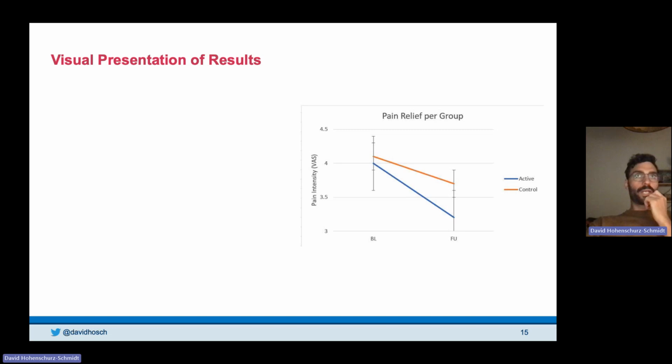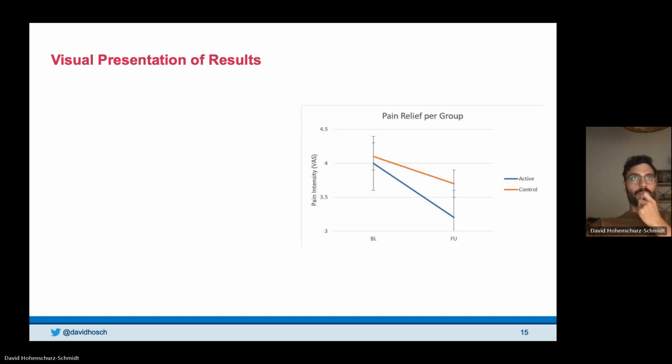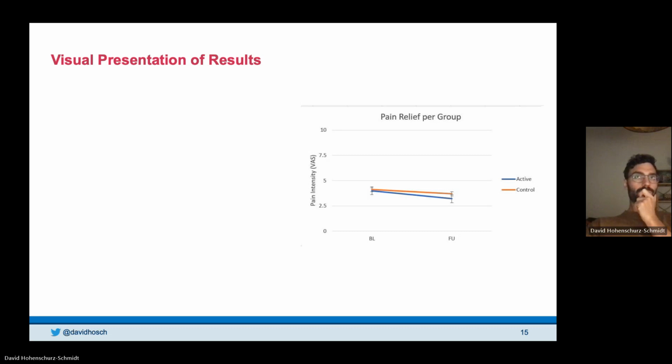If I then do something else to this graph, oh, what happened here? Suddenly, pretty boring, not something I'd pay money for. And the only thing I've changed is the y-axis, the vertical axis on the left, is now not going from 3 to 4.5 on what you now know to be a 0 to 10 scale.